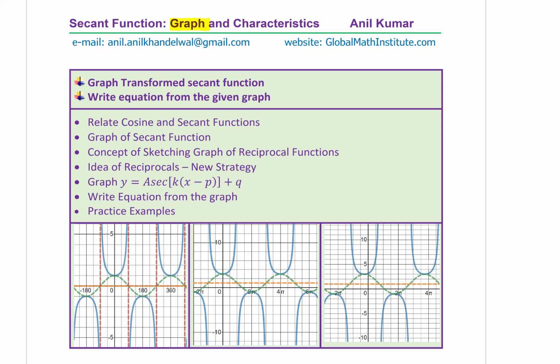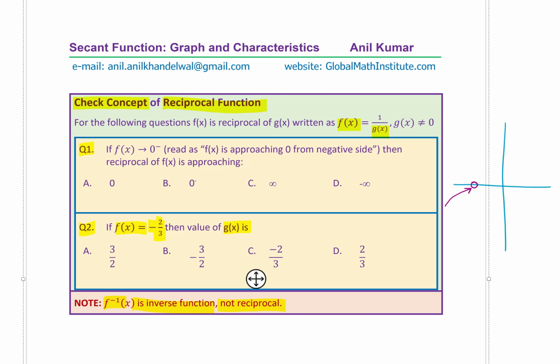Correct. So in that case, what is going to be the value of g of x? That is what we are interested in finding, right? So if f of x is approaching 0 from the negative side, then the reciprocal of f of x, which means 1 over f of x, is approaching what?